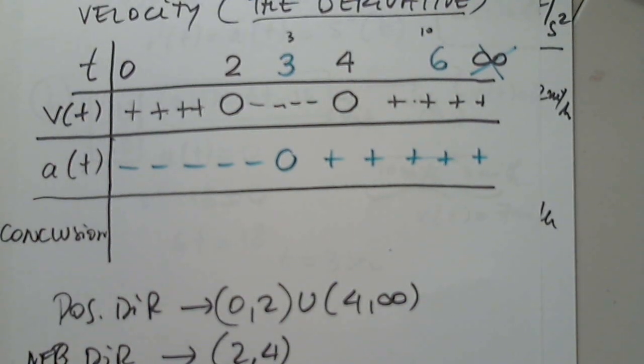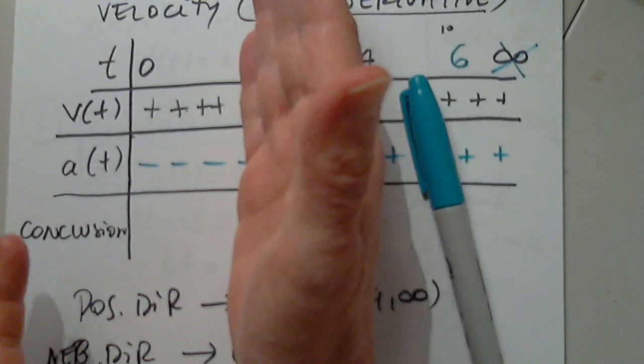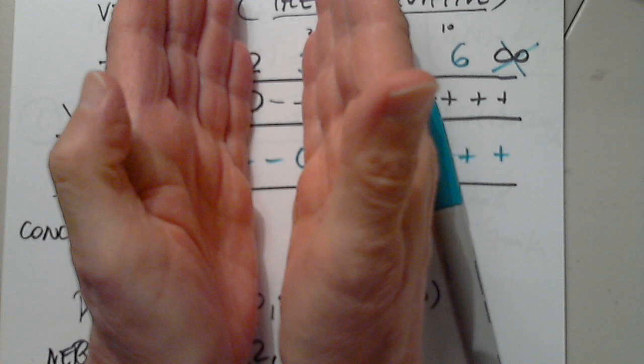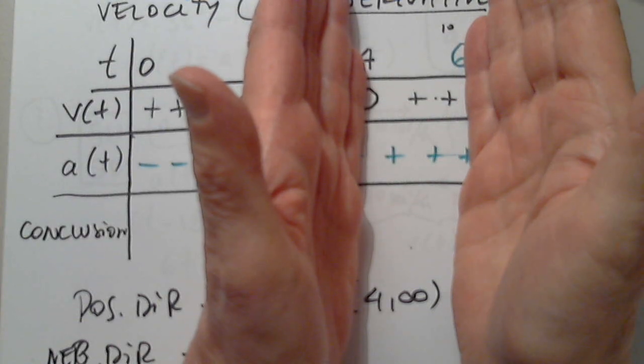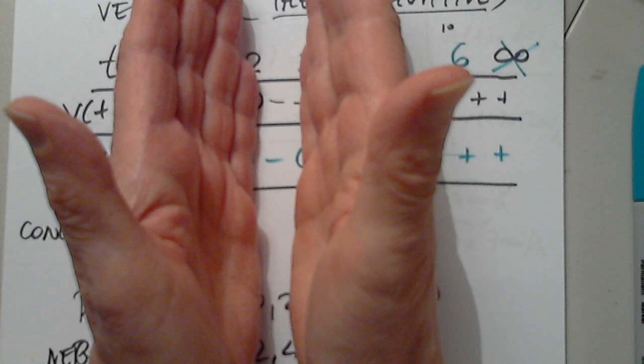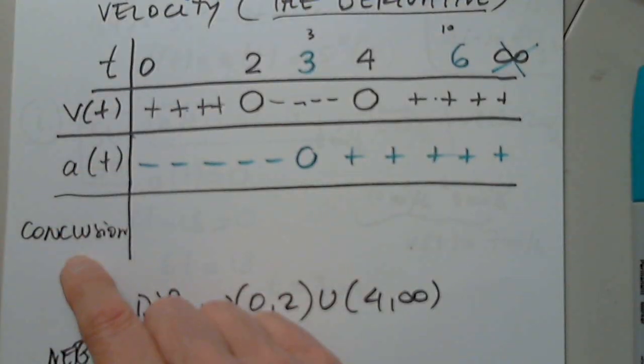So as you see, we have created several sub-intervals. This is one. This is the other. This is another one. And this is the last one. 1, 2, 3, 4. And now here's our conclusion.